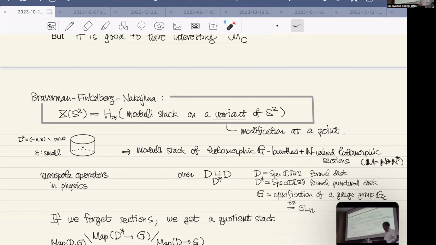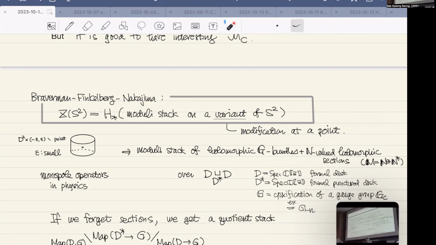Then I use an algebraic geometric model for this three-manifold, complex algebraic geometry. So I somehow need to replace the three-manifold by a caricature in algebraic geometry. I first replace this small disk by a four-manifold. This is a disk of radius 0, and I take the interval to be very, very small.